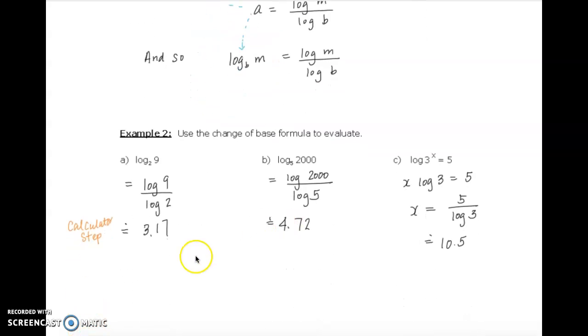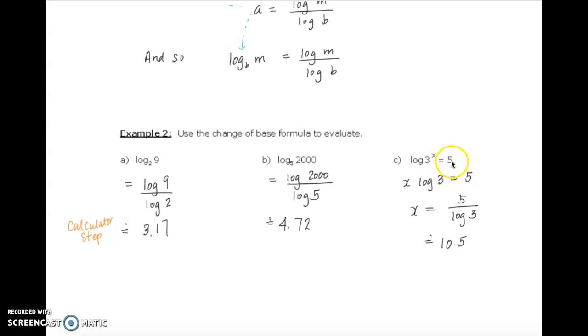If I need to evaluate log 9 base 2 using the change of base formula, I can write log 9 over log 2 and then punch that into the calculator. Log 2000 base 5 is log 2000 over log 5. Punch that into the calculator, I get 4.72.